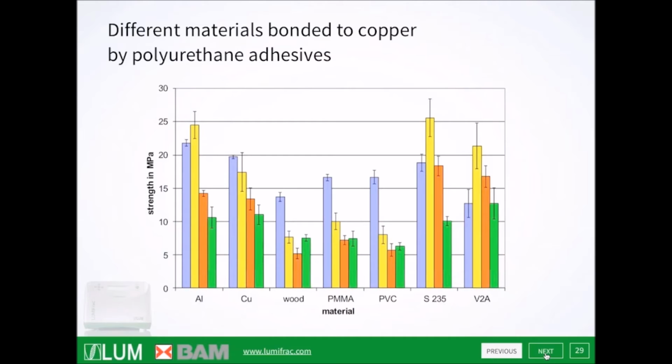One can easily evaluate bonding strengths in terms of a fast screening for various material combinations. In addition, and probably more important, the standard deviation is rather low, ranging from 5 to 10%.